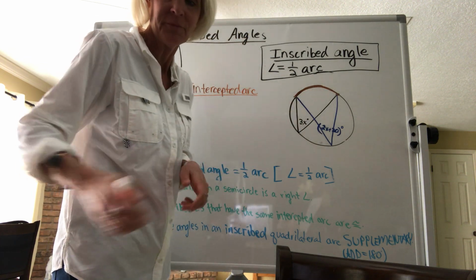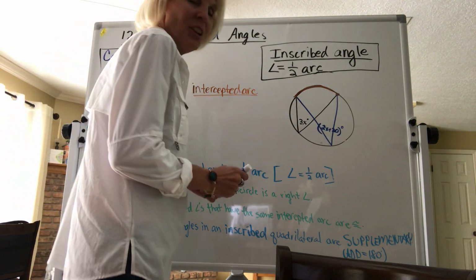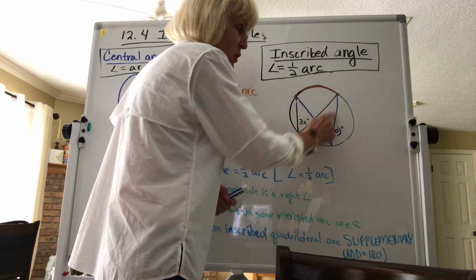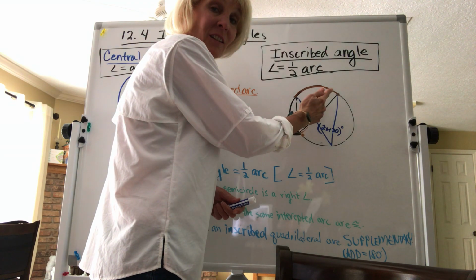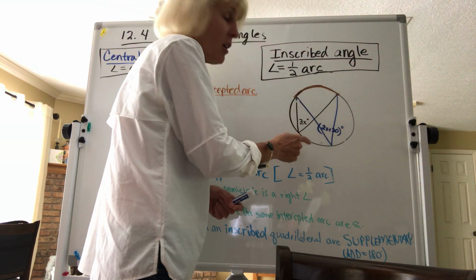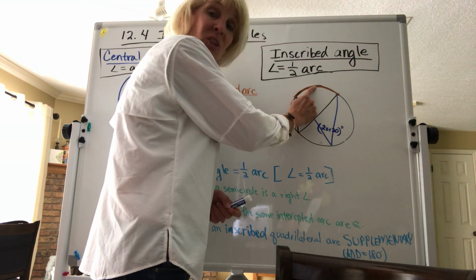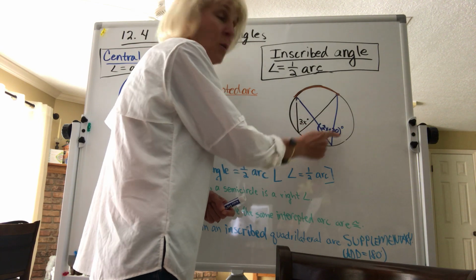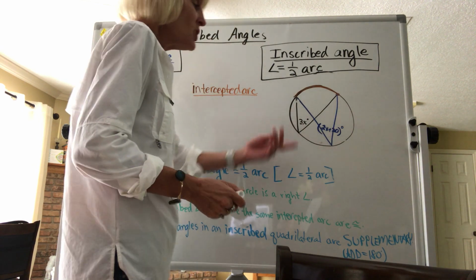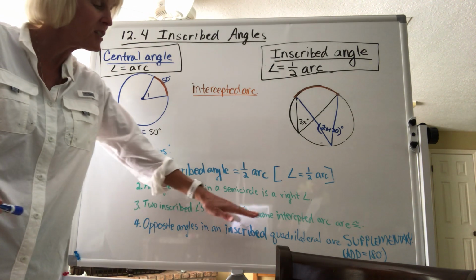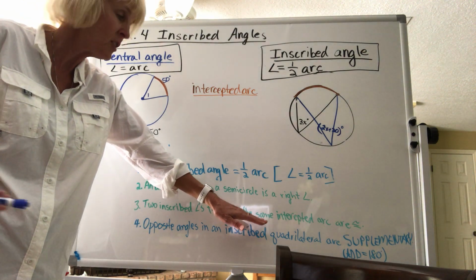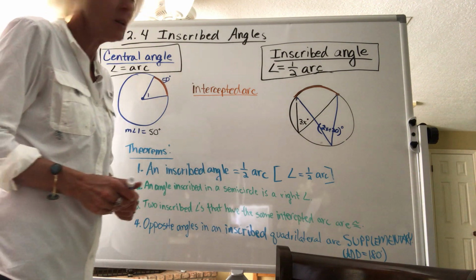Any ideas? Okay, you can kind of see now this inscribed angle, the blue one, also has the same intercepted arc. So if they have the same intercepted arc, 3x is half this orange arc, 2x plus 20 is half this orange arc. So you can see then our third theorem, two inscribed angles that have the same or congruent intercepted arcs would always have to be congruent.